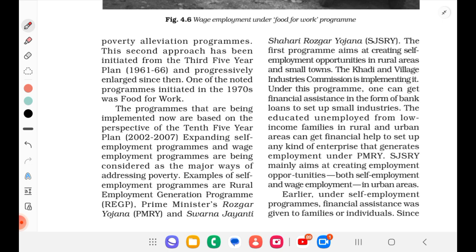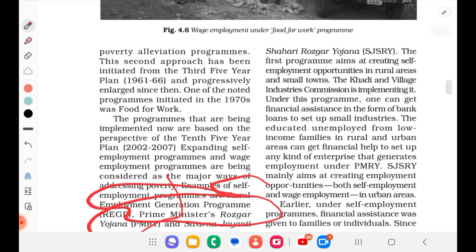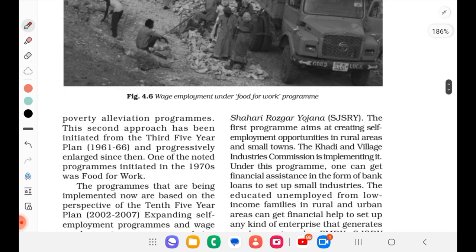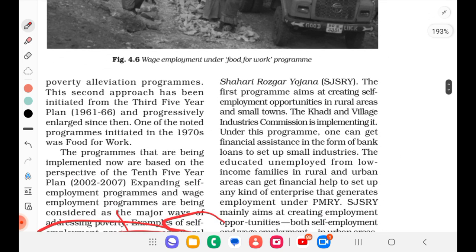Examples of self-employment programs are Rural Employment Generation Program, Prime Minister Rozgar Yojana, and Swarna Jayanti Shahari Rozgar Yojana. The first program aimed at creating self-employment opportunity in rural areas and small towns. The Khadi and Village Industries Commission is implementing it.